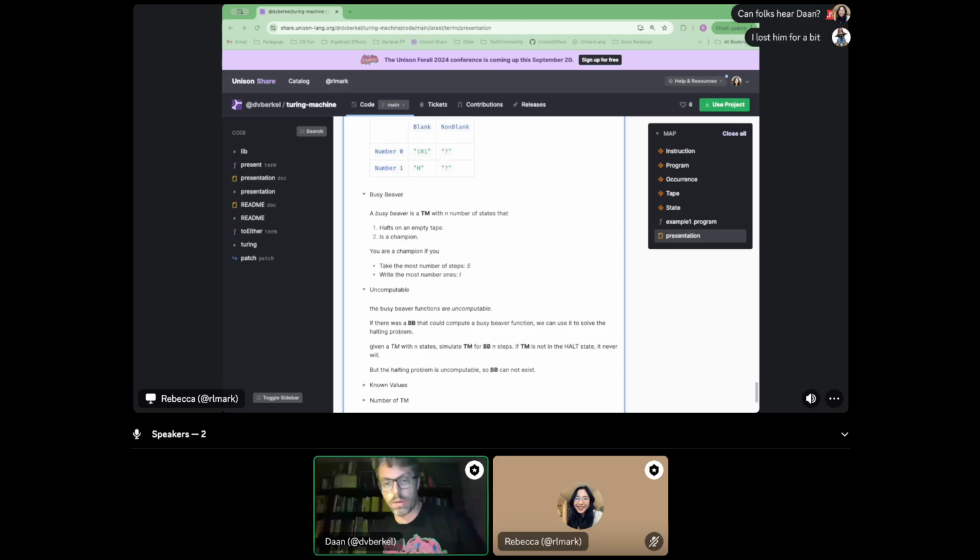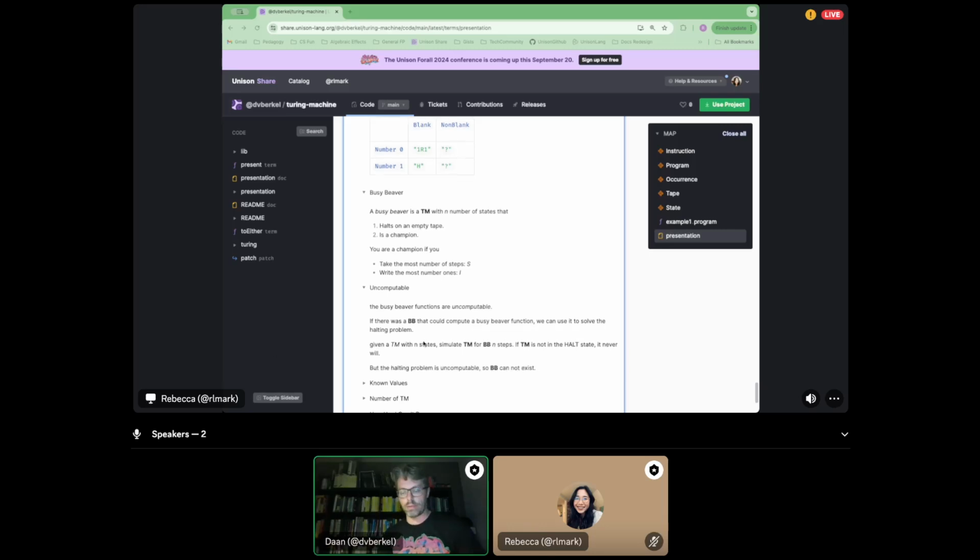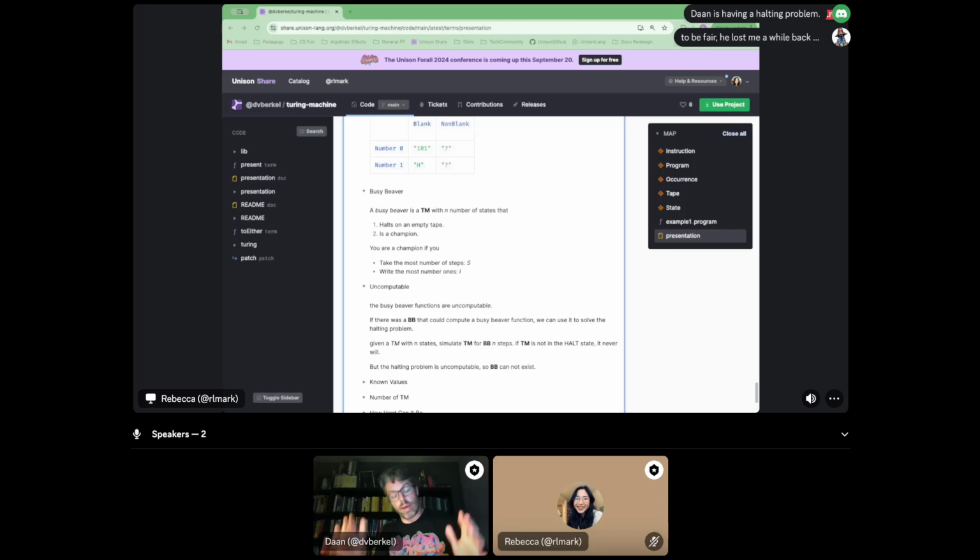And how can you solve the halting problem if you know the busy beaver number? If somebody gives me a Turing machine, I can simulate it for a number of steps that is at least as great as the busy beaver number for the number of states that the Turing machine uses. And if it hasn't halted already, then it will run forever, because by definition, the champion of, for example, 37 states has the longest running time.